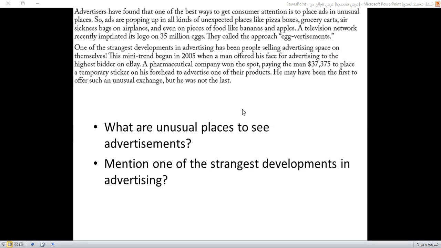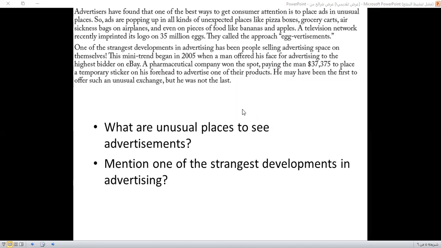A man offered his face for advertising to the highest bidder on eBay. Do you know what eBay is? It's like Amazon and stuff. They sell stuff there.